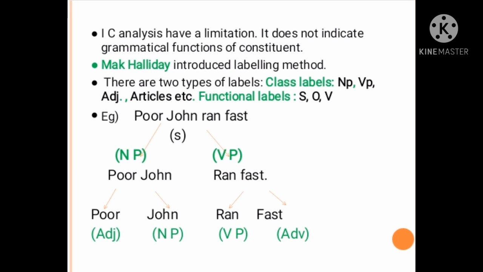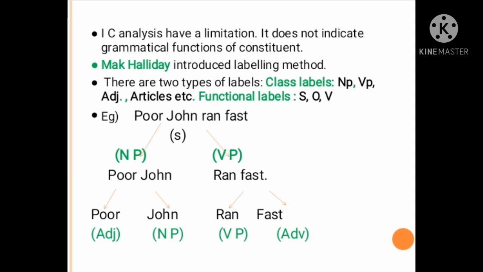Consider the sentence, Poor John ran fast. Here the noun phrase is poor John and the verb phrase is ran fast. Again the noun phrase is divided into poor and John. Here poor is labeled as adjective and John as noun. Ran fast is divided into ran and fast. Here ran is verb and fast is adverb.